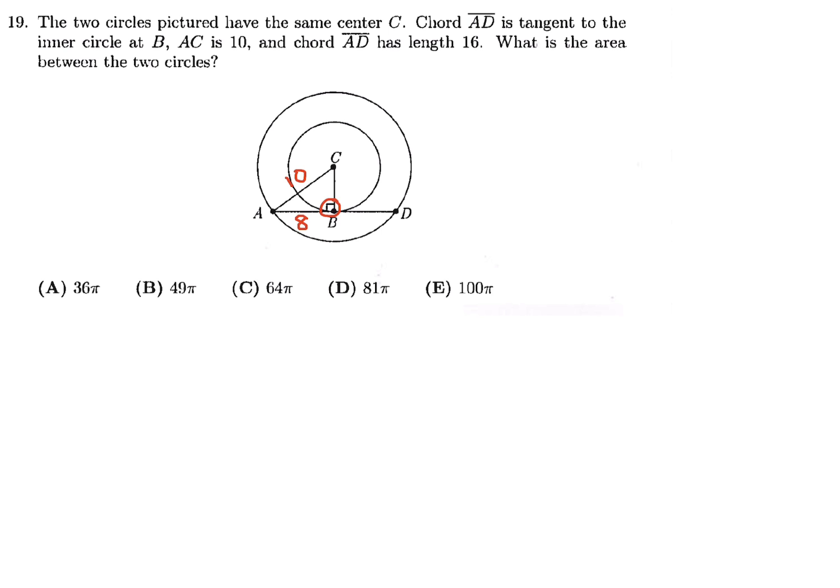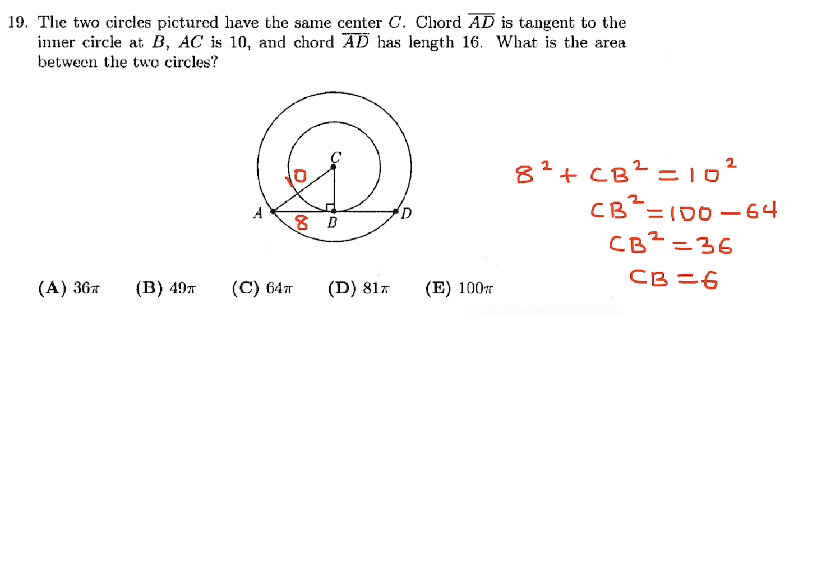And this is a right angle, so very quickly you can use Pythagoras to figure out what is CB. So CB squared will be 100 minus 64. So CB squared is 36, and therefore CB is equal to 6.